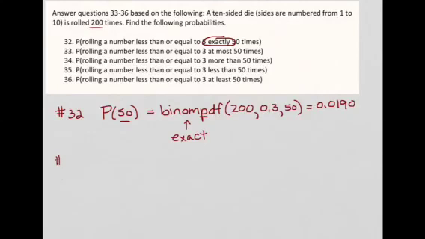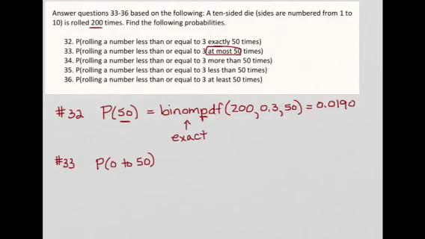Now in number 33, we want to know what is the probability of rolling a number less than or equal to 3 at most 50 times. So in this case, since it's at most 50 times, we're finding the probability of getting anywhere from 0 to 50 successes.